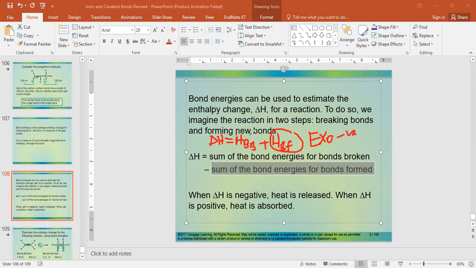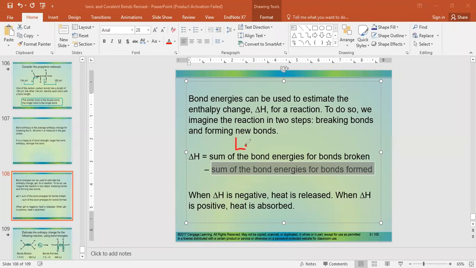That's why if you have this one plus a minus, you eventually get a negative there. So you are just talking about the sum of the enthalpies in the process, in which case one enthalpy is going to be positive, the other enthalpy is going to be negative. That's why you have this negative here. So when the enthalpy is negative, then the heat is released, and when the enthalpy is positive, then the heat is absorbed. How does that interpret here?